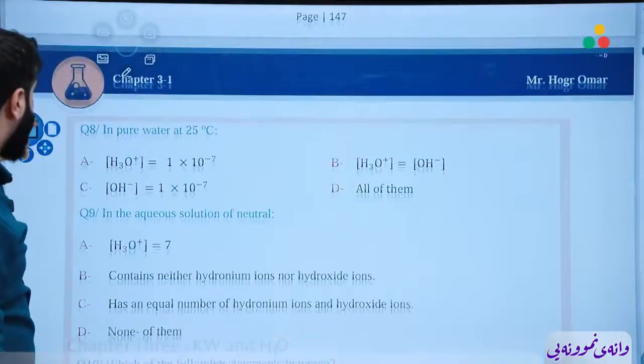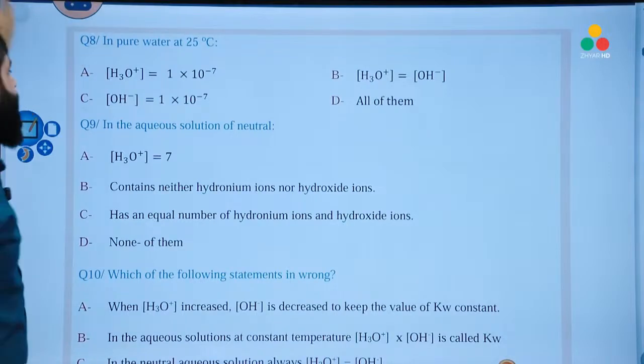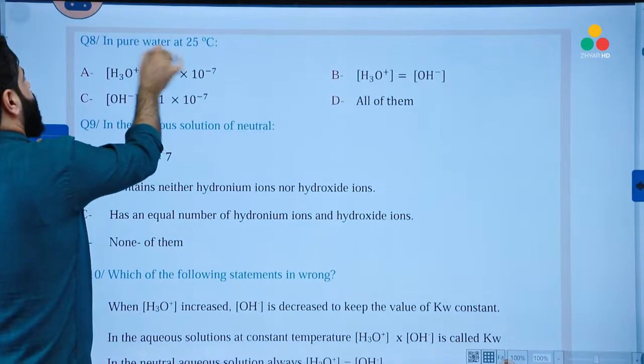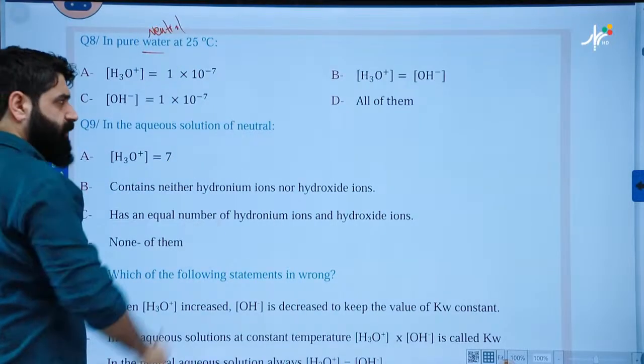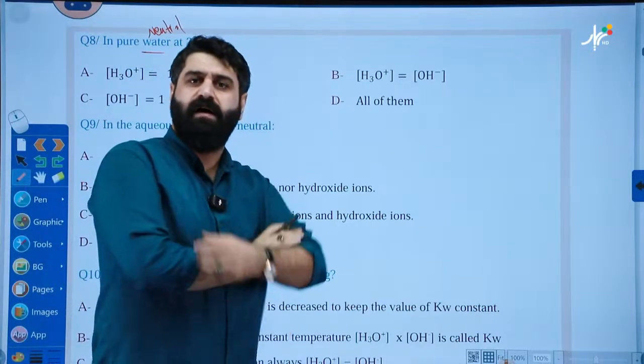Good? Impure water at 25 Celsius. Okay, water is a neutral substance. In neutral, that means we don't need the greater sign and the smaller sign.